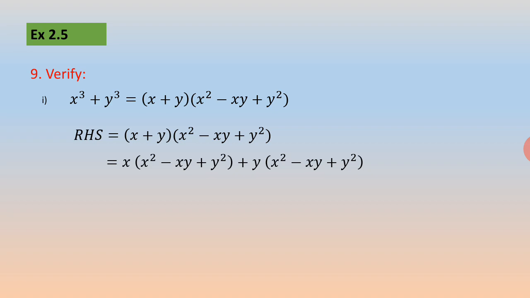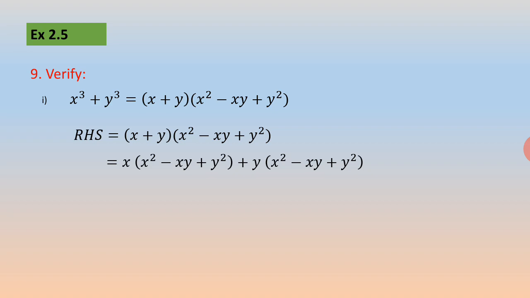Now there are two terms in this statement. First term, x is multiplied by x square minus xy plus y square. So let us open the bracket. While opening the bracket, x will be first multiplied by x square, then by minus xy, then by y square. This is how you will get three terms.